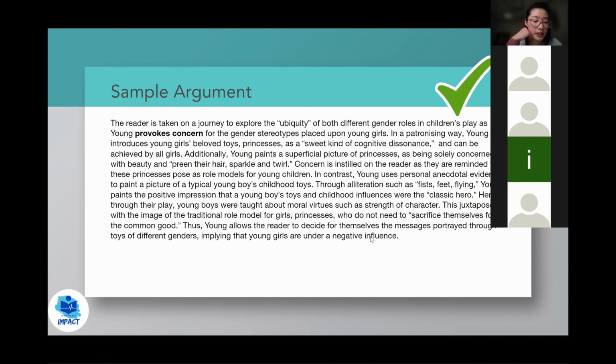But to make it more specific, I would probably say it's a cautionary message to young girls' parents about the existing negative social and cultural influences on girls, especially given the suggestion that young girls' toys promote superficiality and that it's more morally deprived compared to the influence of boys' toys.